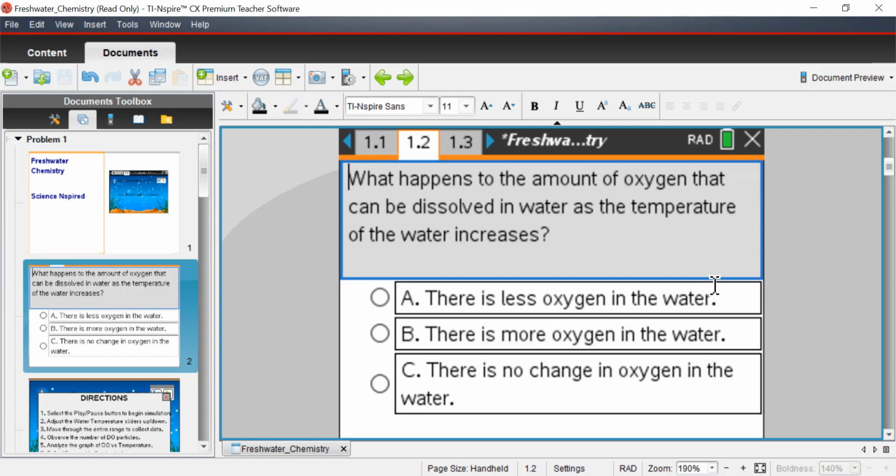Like humans use oxygen we breathe in with our lungs, the oxygen gets into the bloodstream and gets transported to the various parts of your body that require oxygen. Fish do the same thing, except they don't have lungs necessarily, they use gills instead. But the same principle applies. They have to get that O2 to all the parts of their body.